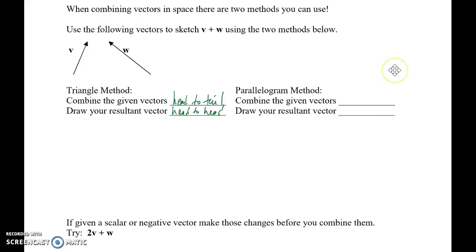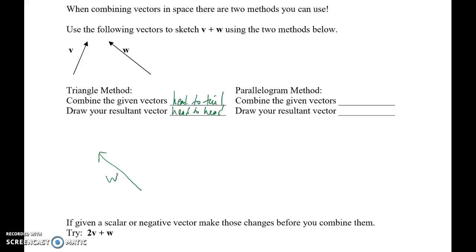So what does this mean? What I'm going to do is redraw V and W, but I'm going to start with W. I usually like to start with the bigger vector. There we go. That's as best I can do. So there's my W, and I've brought it down. Notice I've kept it the same length. I've tried to make it look in the same direction, and now I'm going to put V together with it.